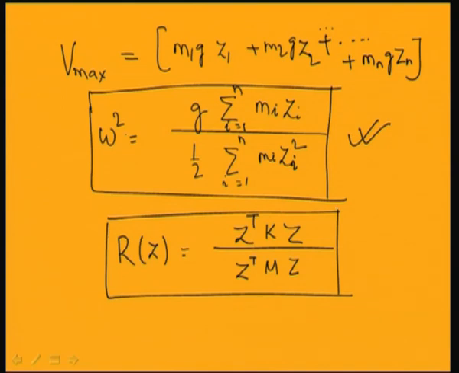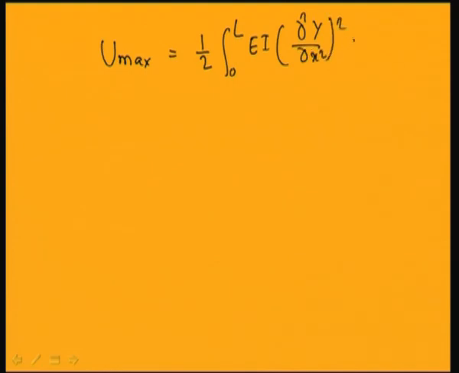Now, for a continuous system, you can write this U max, that is the maximum potential energy, like this: it is equal to half integral 0 to L E I (del square y by del x square) whole square dx, and this T max equal to half omega square integral 0 to L y square dm.